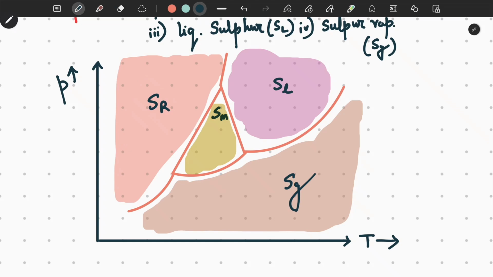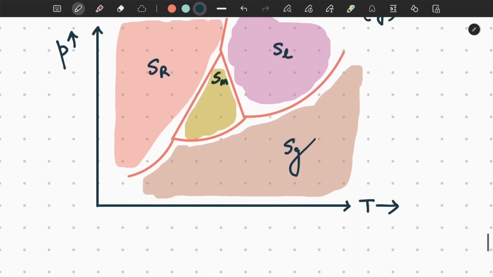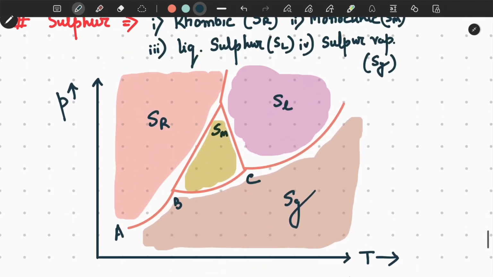Okay. So here also, in any phase, there are areas. You can choose any area. Let me name the points: A, B, C, D, E. This point is, let's say, G, and if you extrapolate here, you can extrapolate anything.